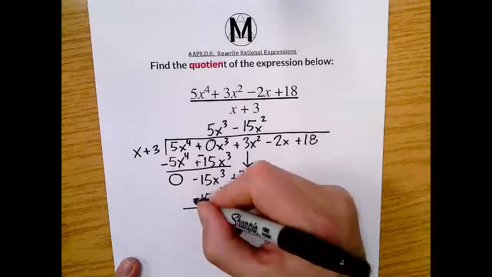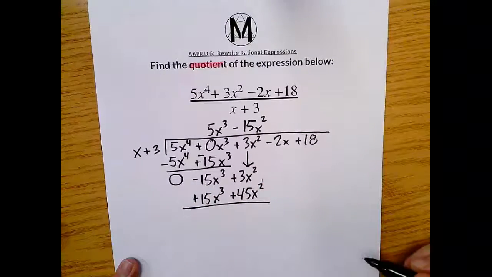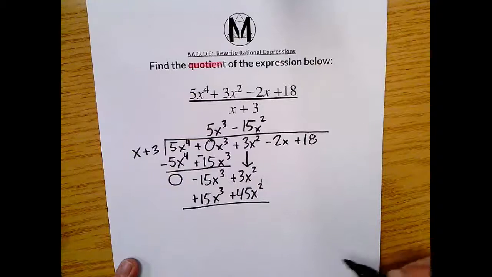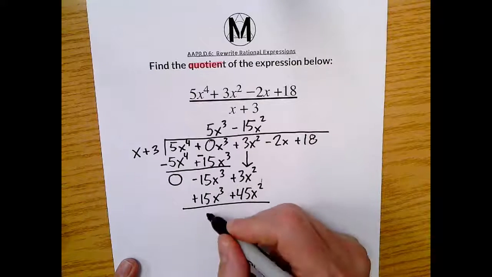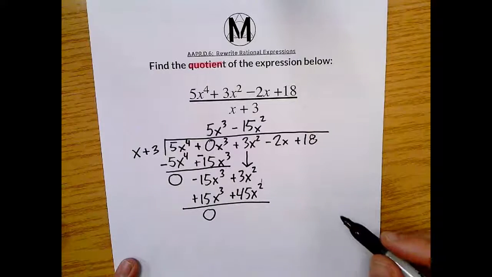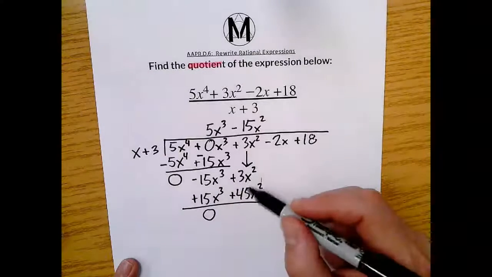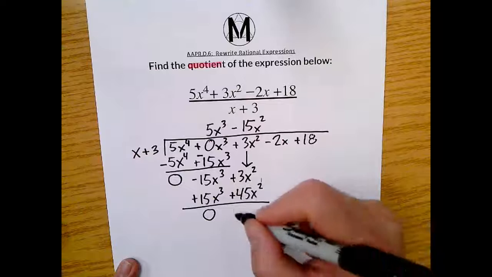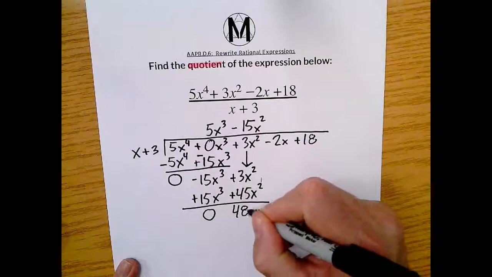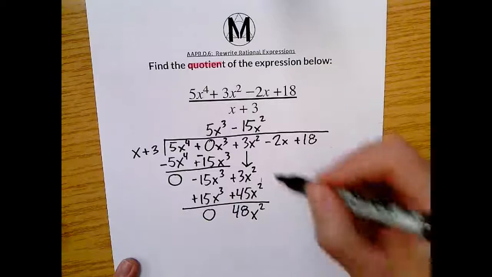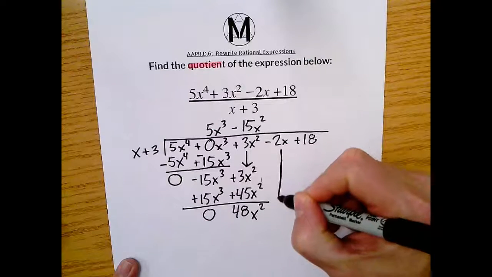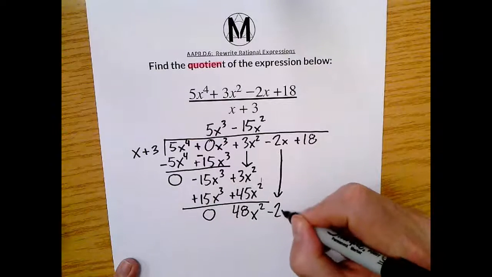And because we're subtracting, I change these signs. They were negative, and now they're positive. And here we go. Negative 15x to the third power plus 15x to the third power is 0. Good sign. And then 3x squared plus 45x squared, well, that would give me 48x squared. And then step 4, bring it down. Okie dokie.